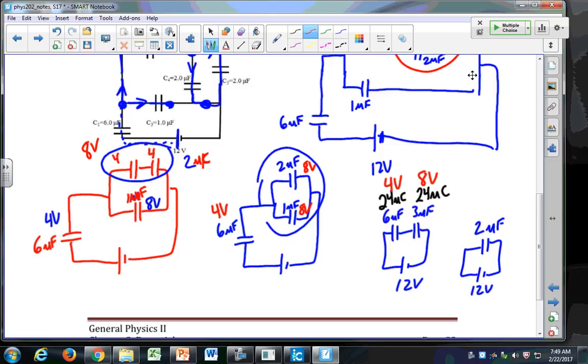And since these are 2 identical capacitors, what's going to be the voltage across them? 4 each. So each of them will split that 8 volts. So I'm going to have, let's see, these are 4 microfarads, but they also have 4 volts across each of them.